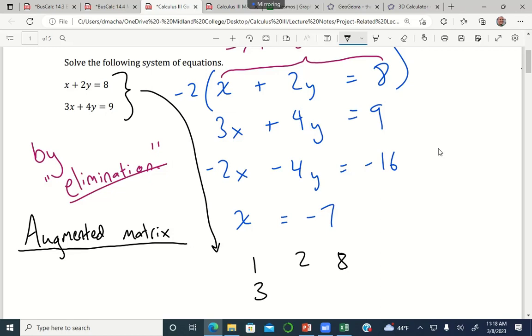And then again we have 3x, 4y equals 9. So this little 2 by 3 matrix is what we call my augmented matrix.